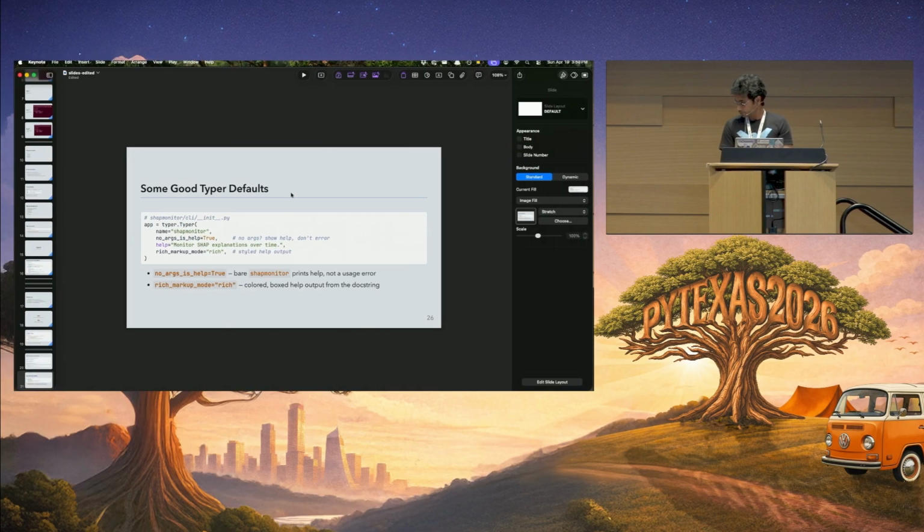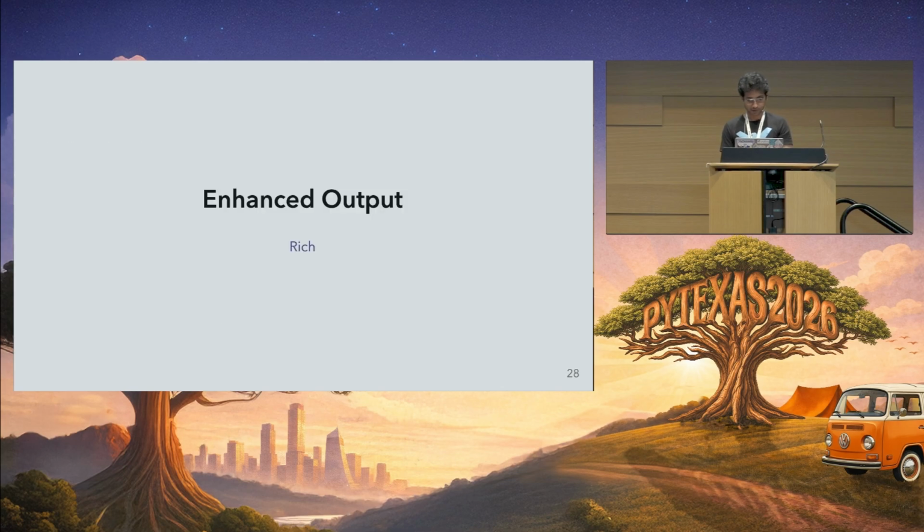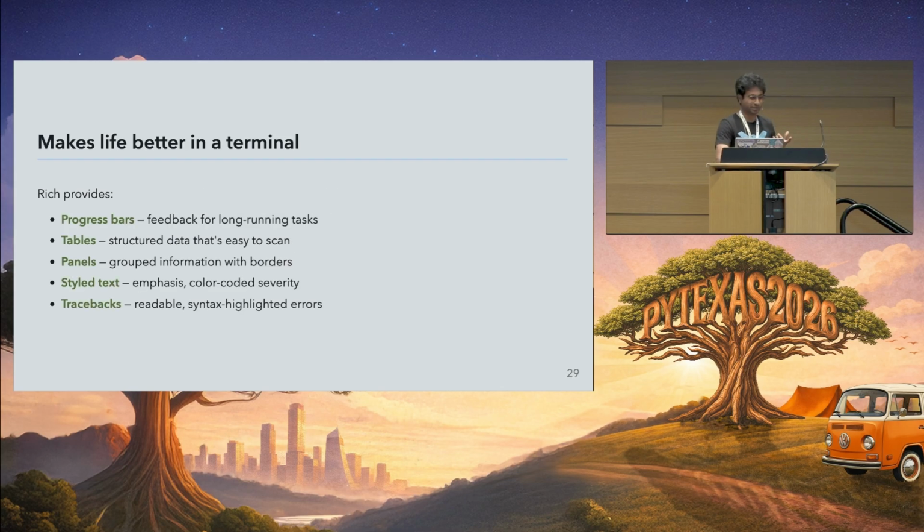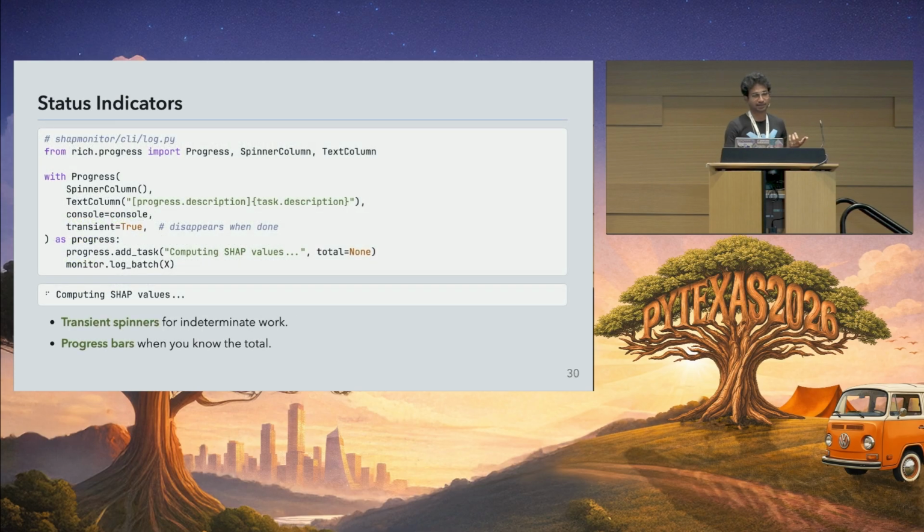So now we're going to talk about Rich, which basically makes our life better in a terminal. It has progress bars, tables, panels, styled text, and tracebacks for good error messages, right? The first one is the status indicator.